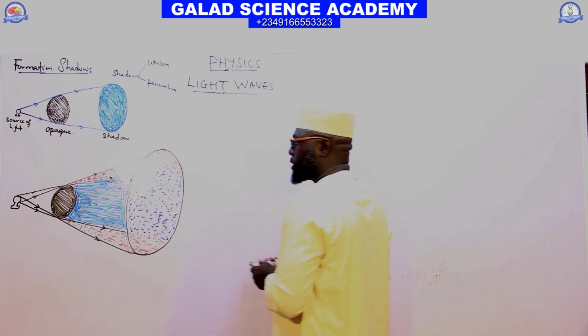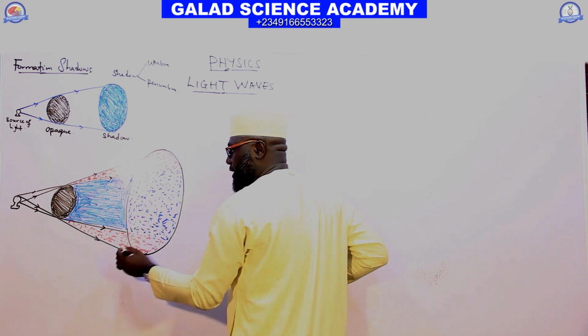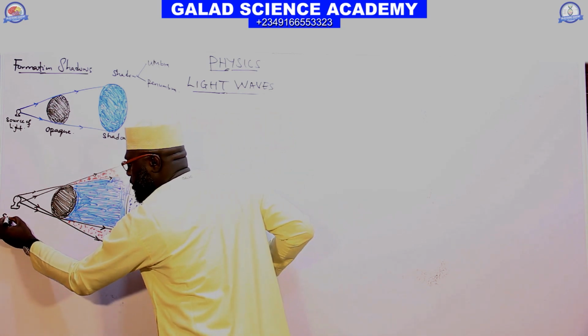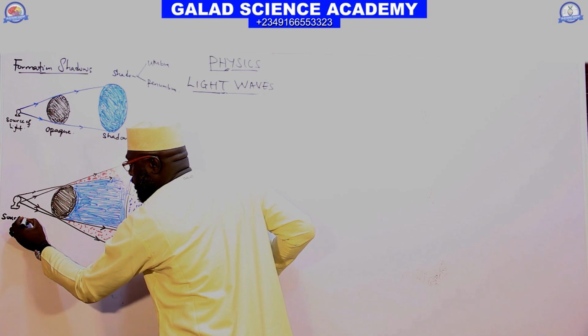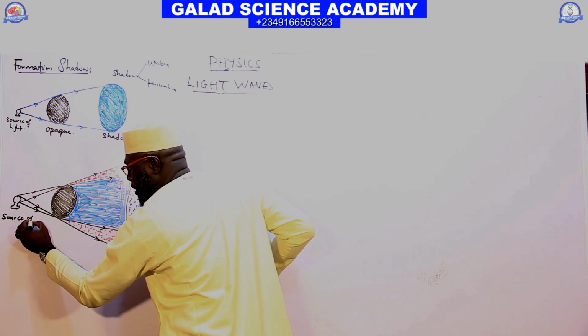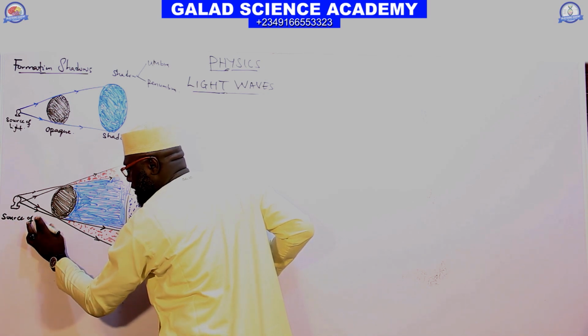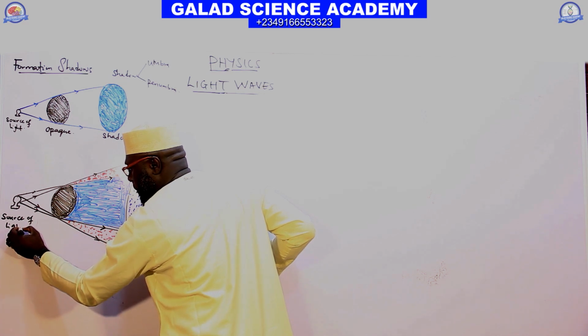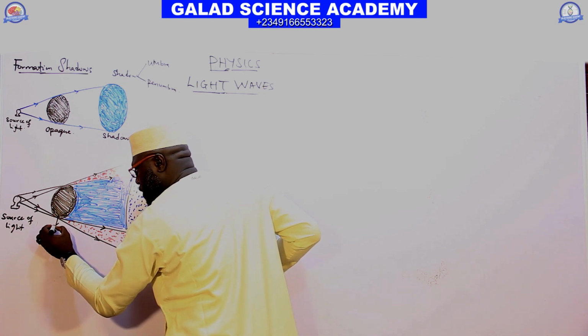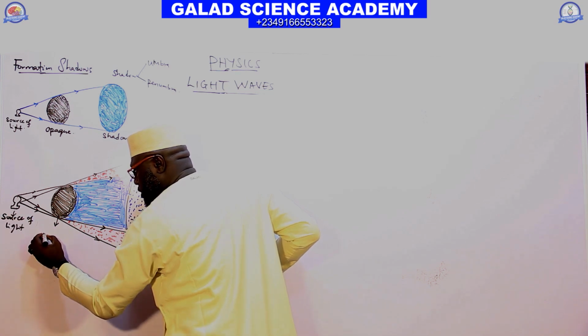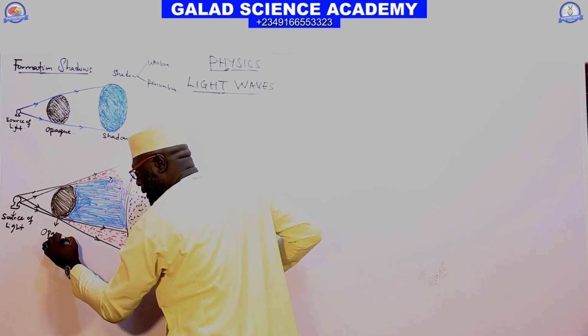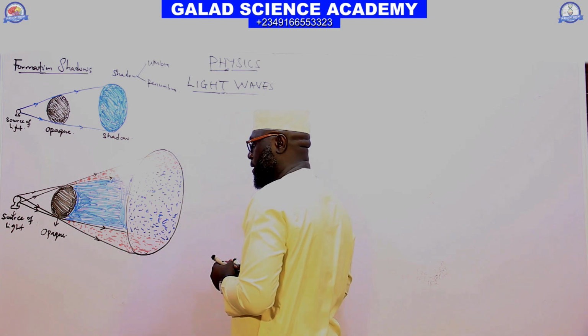So we can now see that this side is the source of light, and this is the opaque object.